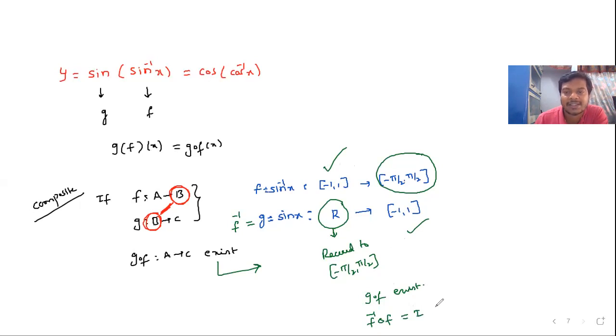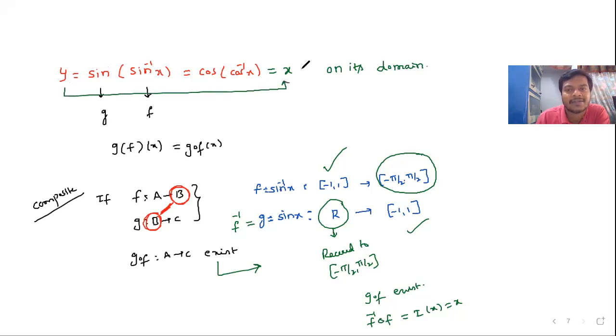Identity function. So I of x is clearly x. Therefore, this is also equal to x on its domain. Only on the defined interval, it acts like the y equal to x graph.